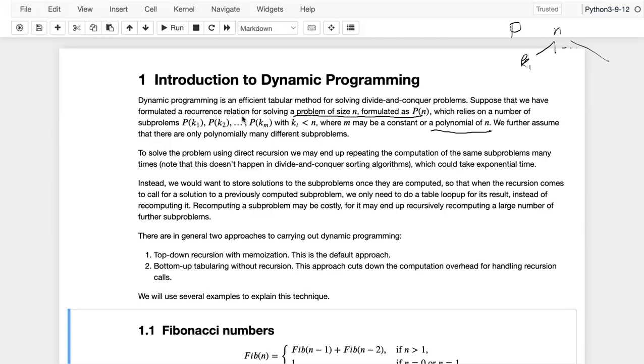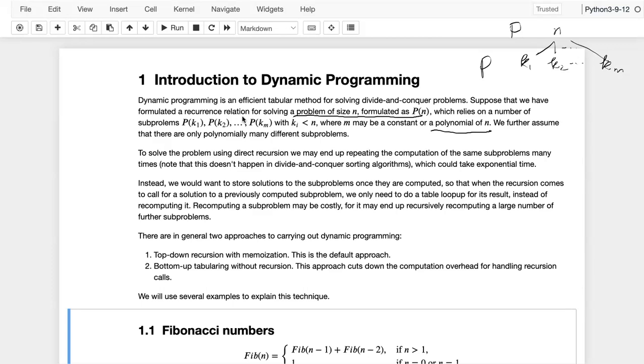So this is K1, K2, up to K sub m, and we are going to solve P on these smaller size of inputs. And by combining these solutions to these subproblems, then we can solve P of n.